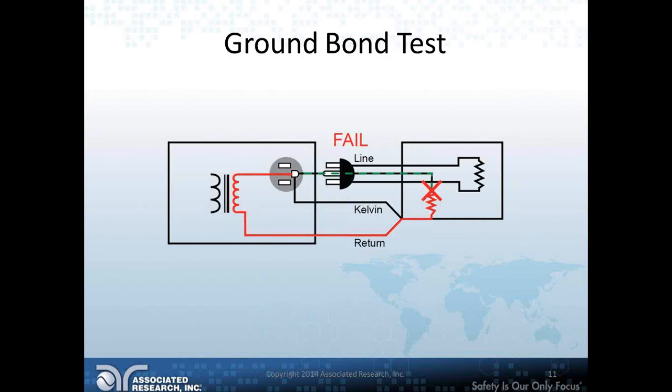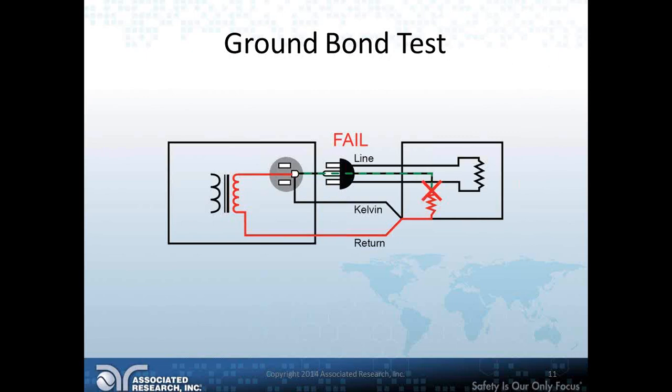Whenever in doubt, the safety standard is your best resource to look for test parameters and types of tests that are required for the product that you're trying to test.